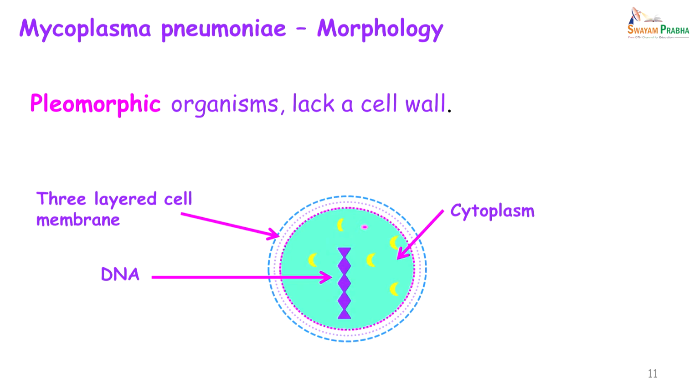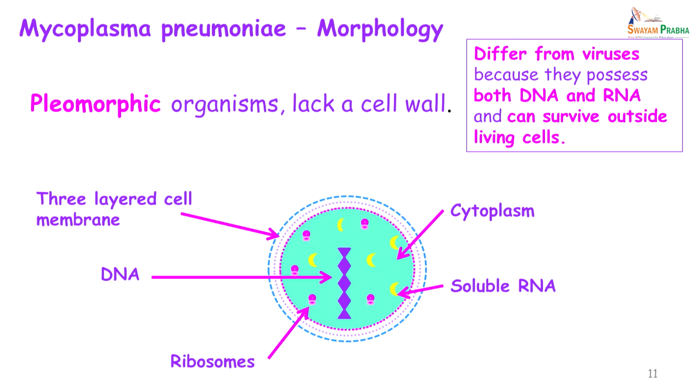Then you have soluble RNA, and lastly we have got ribosomes. Now, Mycoplasma are different from viruses because they possess both DNA and RNA, and they can grow on artificial media. So, they do not need living cells for their survival.